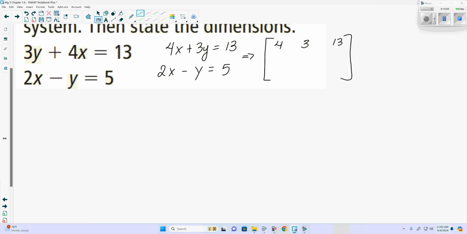And since it's plus, or there's not a sign written in front of it, we're understood to be positive. Our second row, we have 2 for x, negative 1 for y, and 5. And the dimensions for this would be 2 by 3. We go down 2, over 3. So we have 2 going down, 3 going across. 2 by 3. Questions on this here?